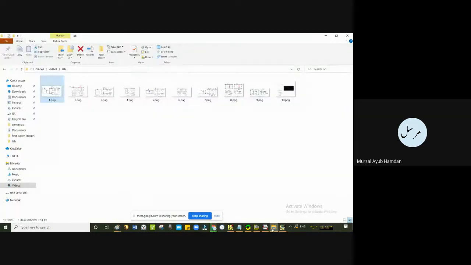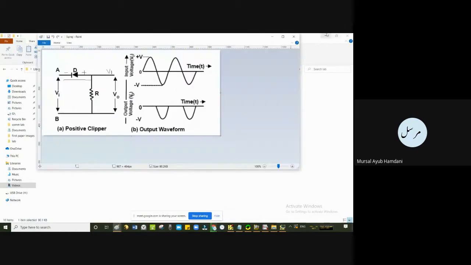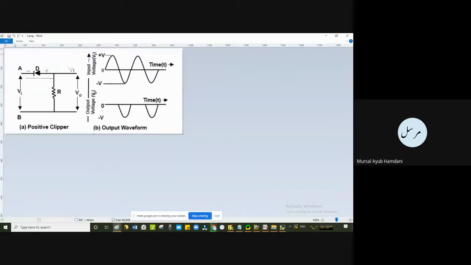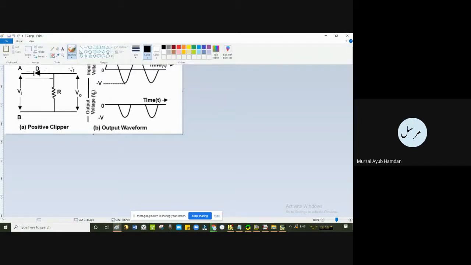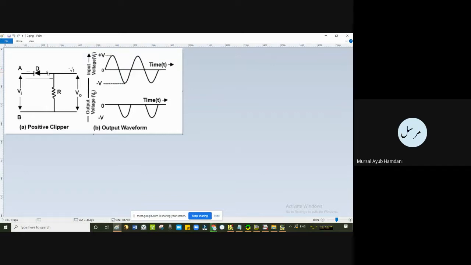Now if I do one small change and just change the direction of this diode, what shall happen if I just simply change the direction only? So let us again go to this.